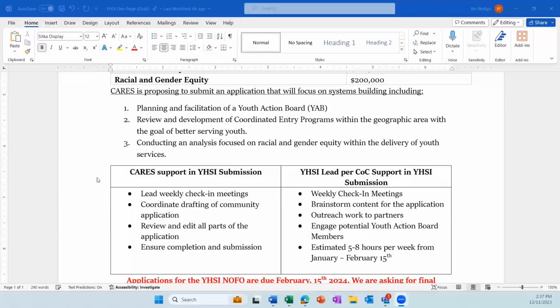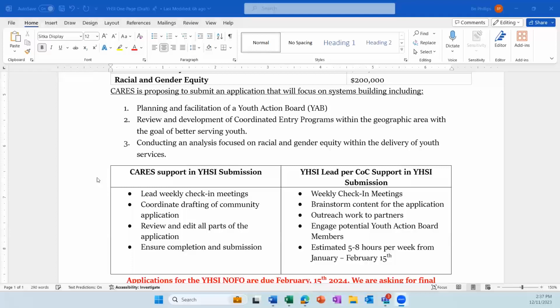And then finally, we thought of conducting an analysis of youth homelessness that's focused on racial and gender equity, so that we can assess how our youth services programs are serving folks. So that's kind of what we were thinking.